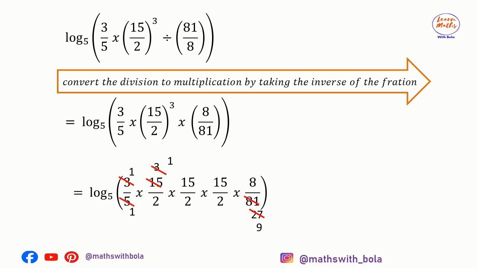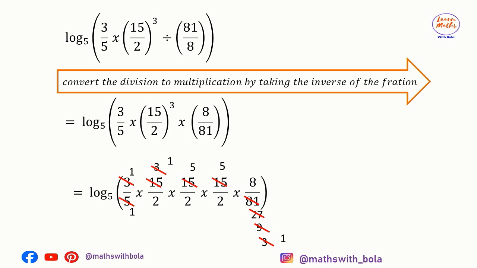Any other factor of 3? Yes, we still have a factor of 3. So 3 in 9 is 3, and 3 in 15 is 5. Then again, anything that is a factor of 3? Yes, so we have 3 here, 5, and then 3 will go here 1. So we are done with anything that is a factor of 3.